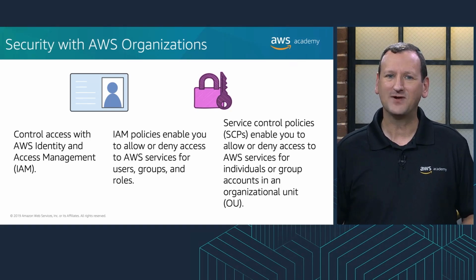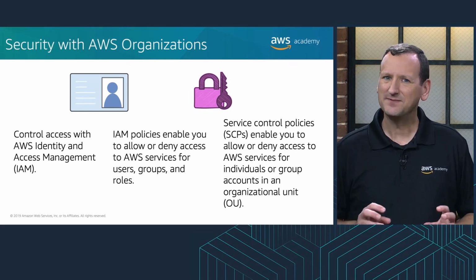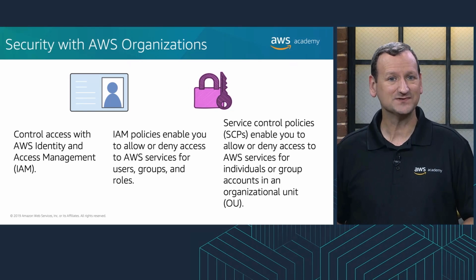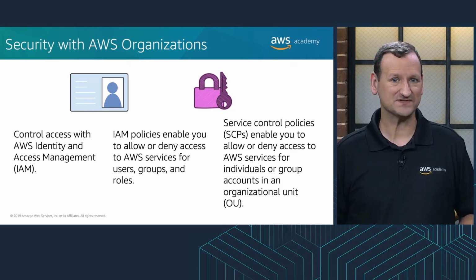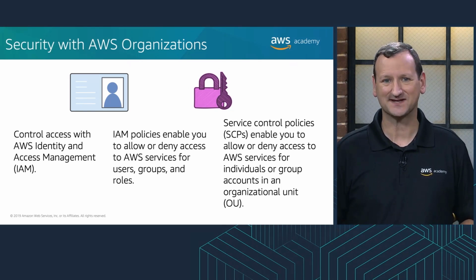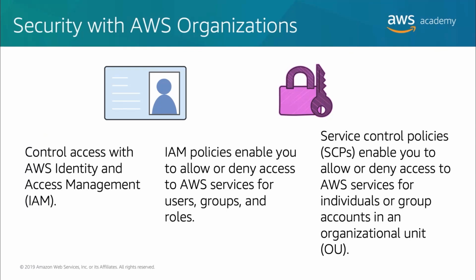With IAM policies, you can allow or deny access to AWS services. An IAM policy can be applied only to IAM users, groups, or roles, and it cannot restrict the AWS account itself. In contrast, with Organizations, you use service control policies to allow or deny access to particular AWS services for AWS accounts directly or as a group of accounts in a branch.